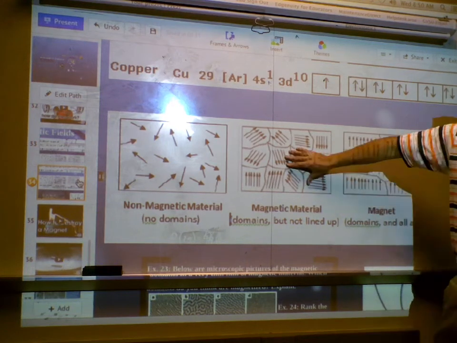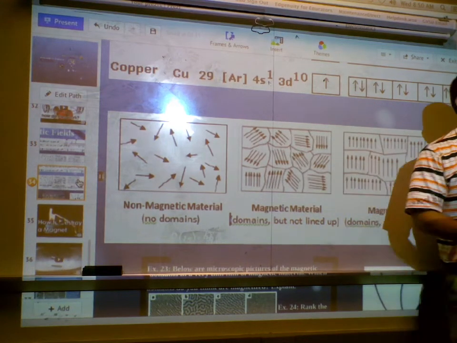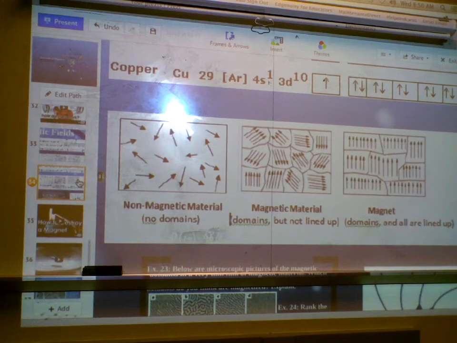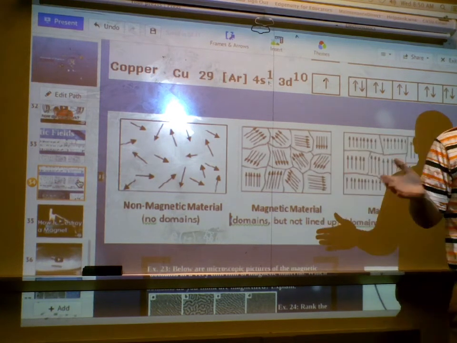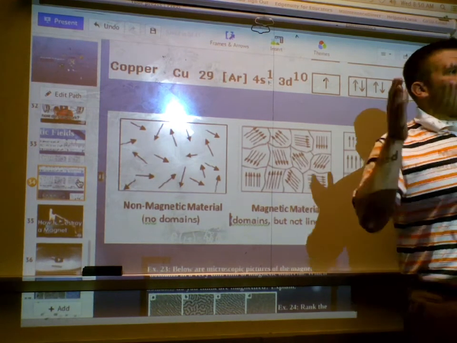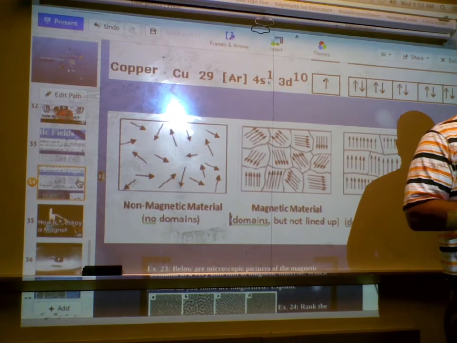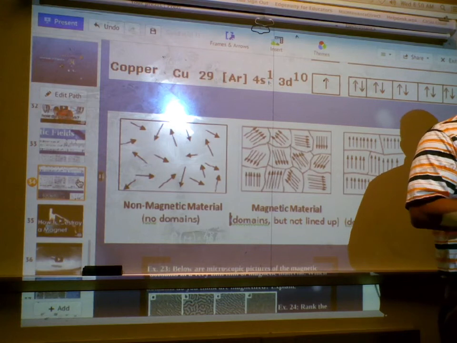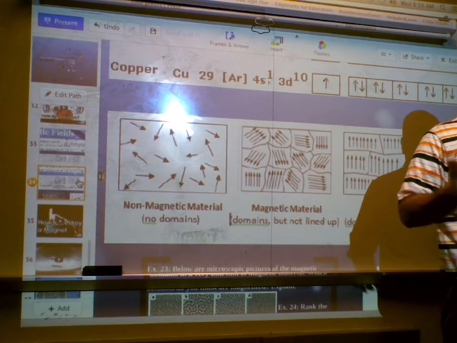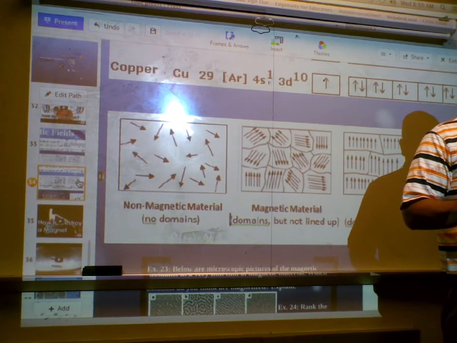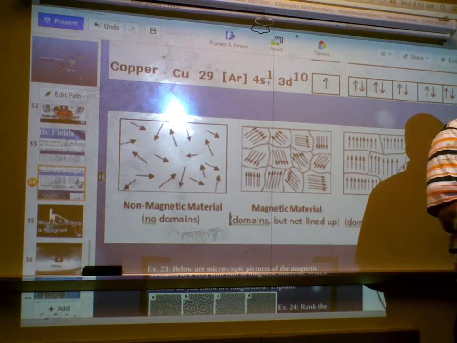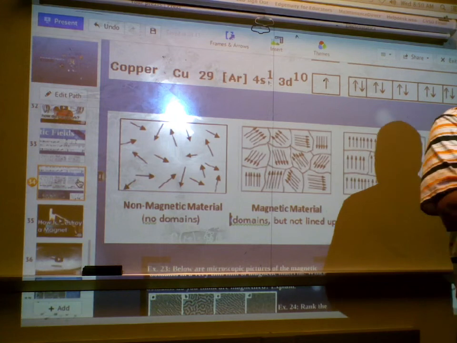So if I melt a magnetic material, and it's within a magnetic field, then all these domains are kind of free to move. Then when I have it melted in the magnetic field, I stop heating it and I start to cool it. As I cool it, what happens to the liquid metal? It becomes a solid, right? You cool a liquid, it becomes a solid, just like ice. You freeze water, it becomes ice, right?